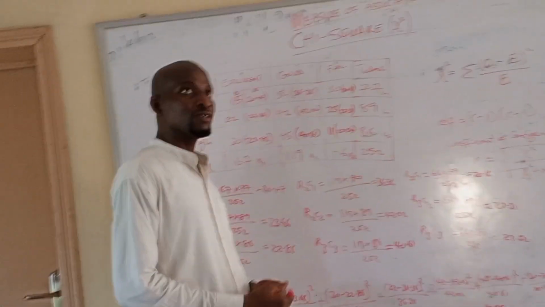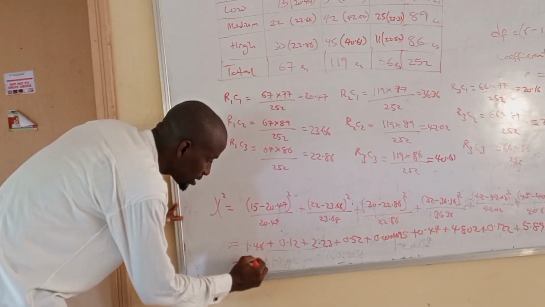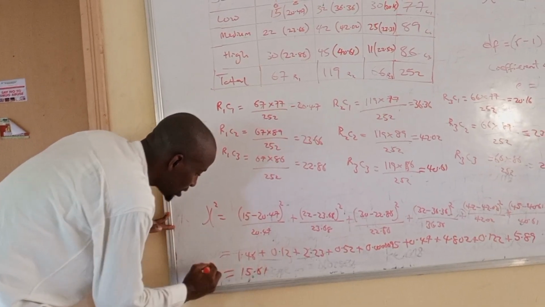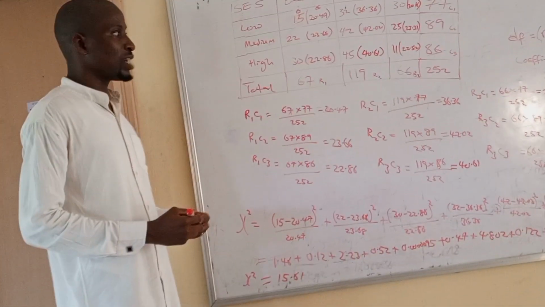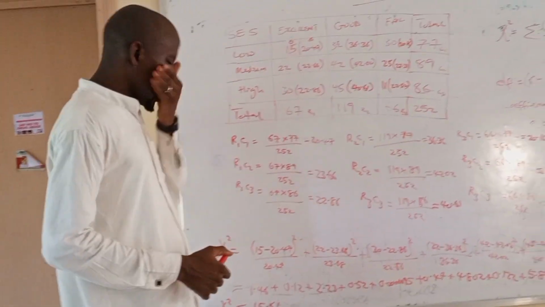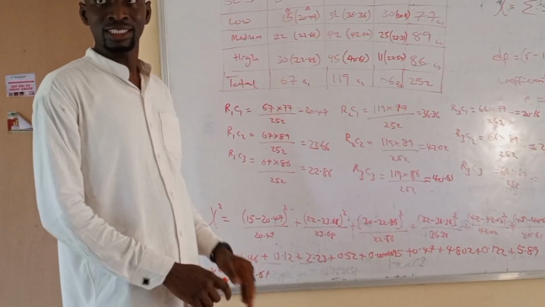So it will give us what value? 15.61. Our chi-square value is 15.61. Obviously, if this is our chi-square value, we call this chi-square calculated.